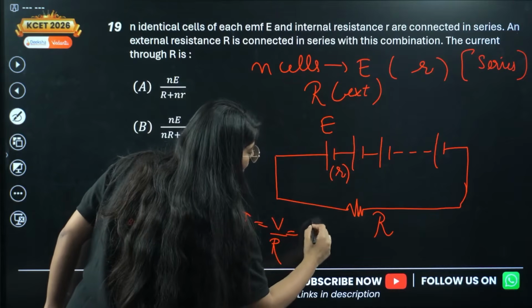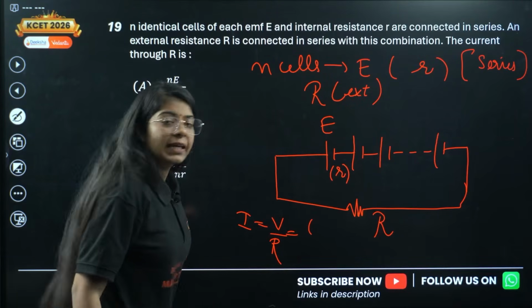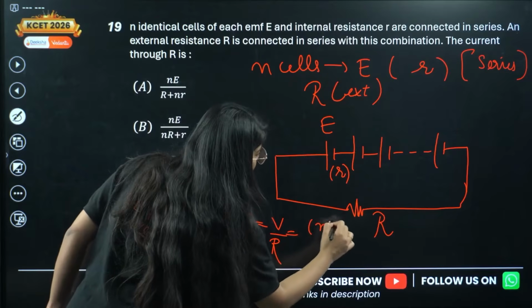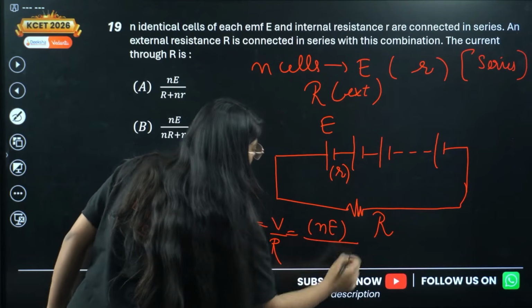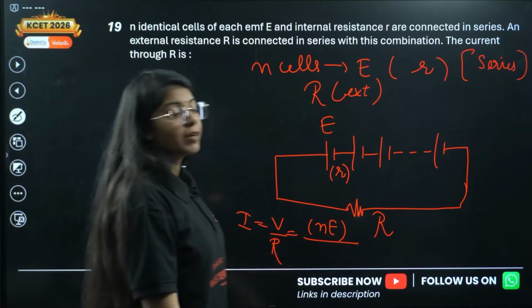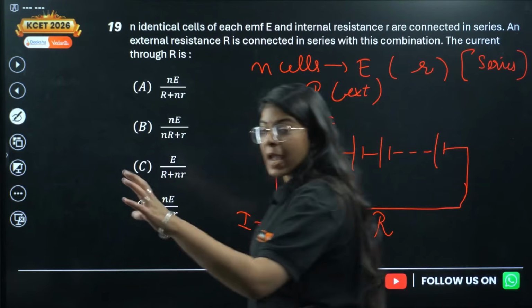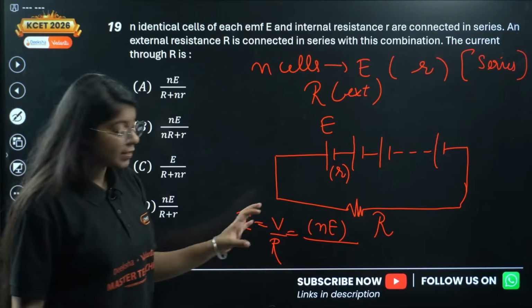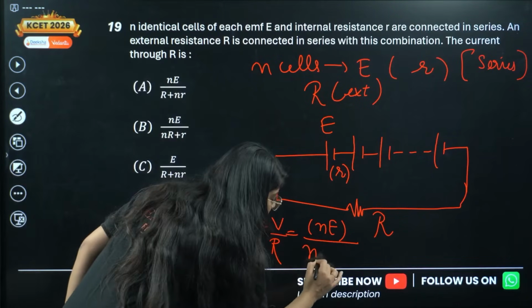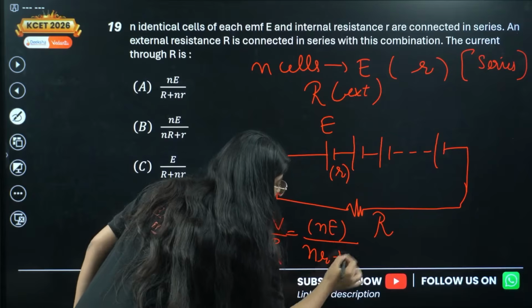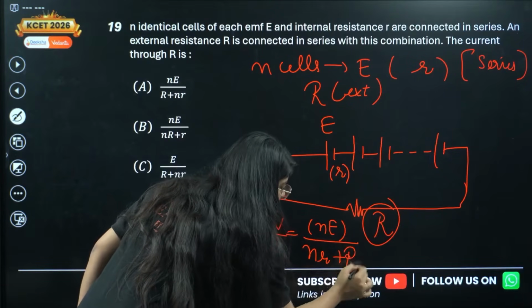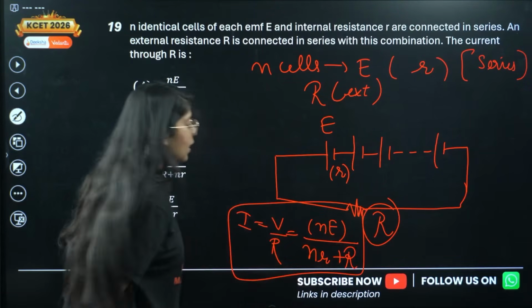V will be the sum of all the EMFs, that will be N into E. And under this we should have the total resistance of the circuit, which will be N number of internal resistances plus the external resistance R. So, this will be our final answer.